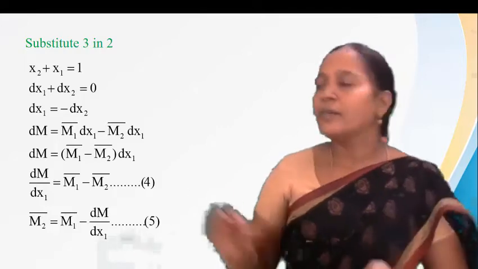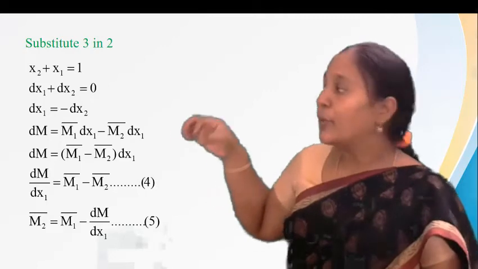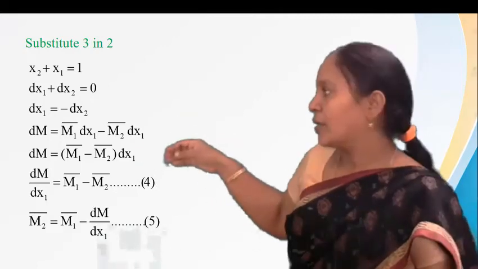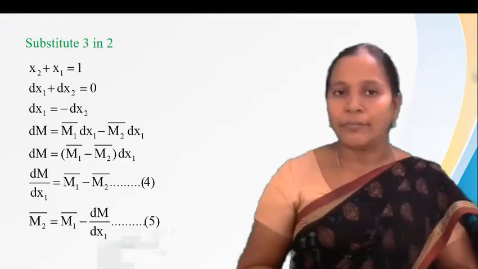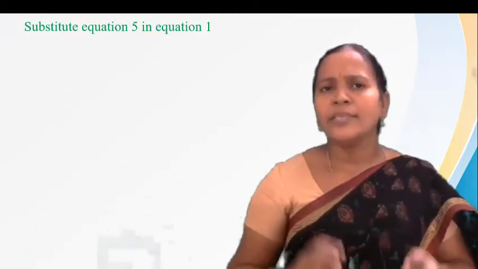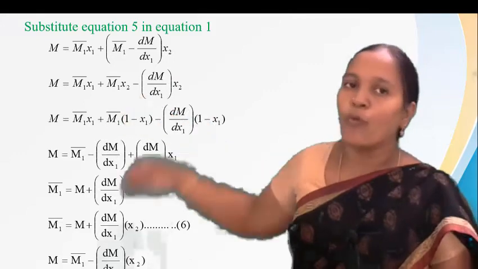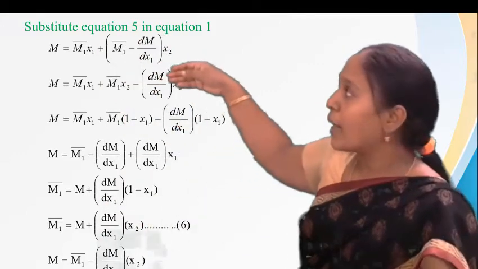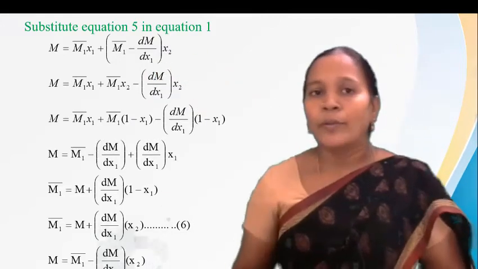Now eliminate the term M2 bar. Therefore, M2 bar is equal to M1 bar minus dM/dx1, which is indicated with equation 5. Then substitute equation 5 in equation 1. Then we will get M is equal to M1 bar minus dM/dx1 into x2.